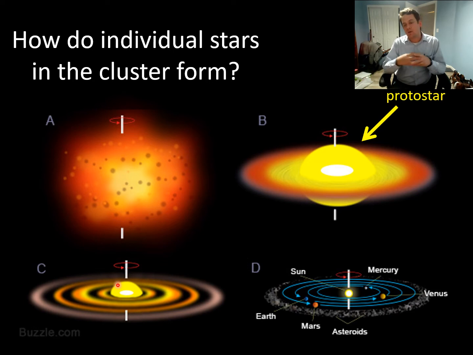And so, as I said, these gas clouds are lumpy. Well, there's lumpiness at every level. These rings are a little lumpy too. And so some things are heavier than others.